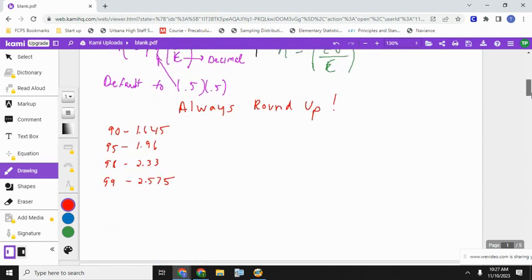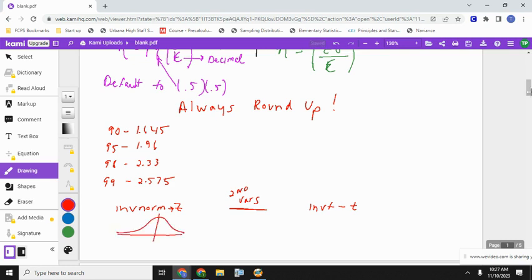Remember that for any of the Z and T's, you can use inverse norm for Z, and you can use inverse T for the T, and both of those are under second bars. Inverse norm, you have sometimes a choice, but sometimes it says area to the left.